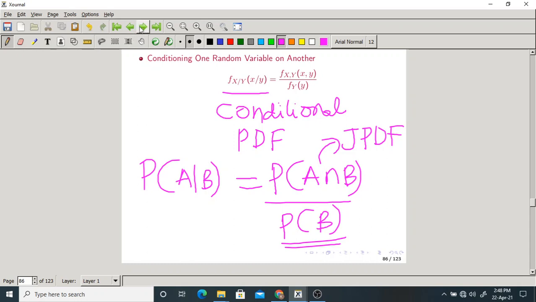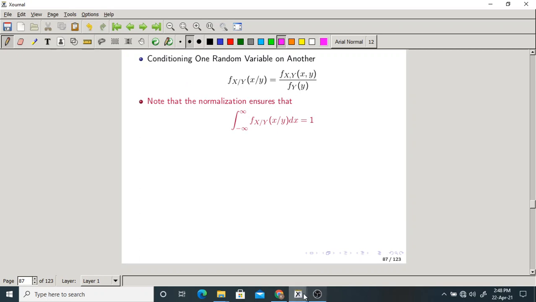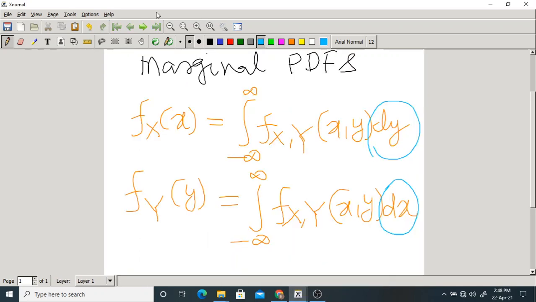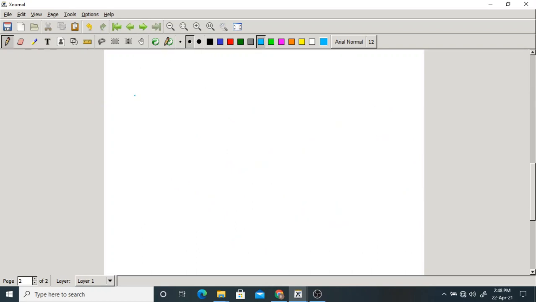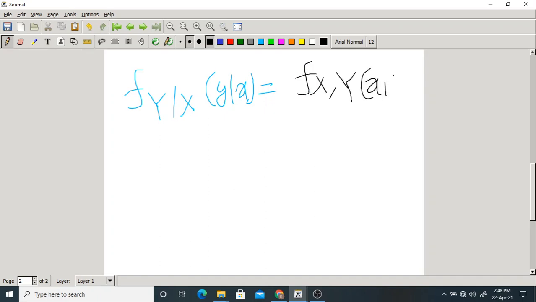So if I ask you the reverse, what do you do? Let me write the reverse formula. If I ask you f of y given x of y given x, what do you write? F of x comma y of x comma y divided by fx of x.